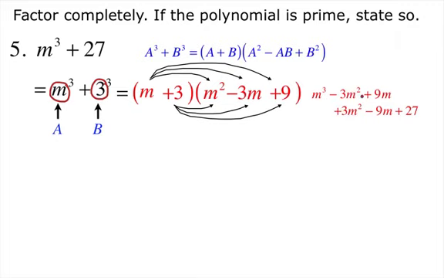Notice that I line them up, because from here you should notice that these cancel out, these cancel out. So if I was to check my work, if I multiply these 2 polynomials, I should end up with the original binomial, and I do. So it checks. Let's go to number 6.